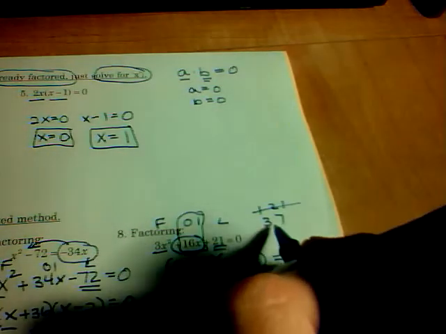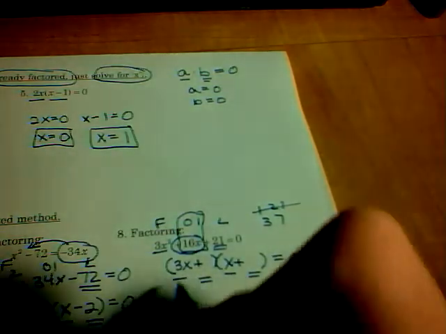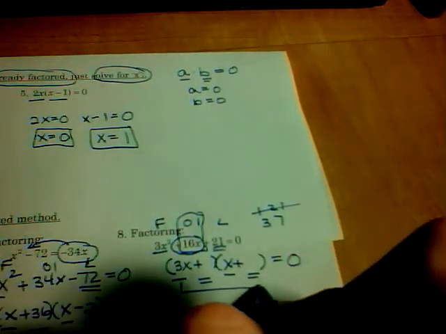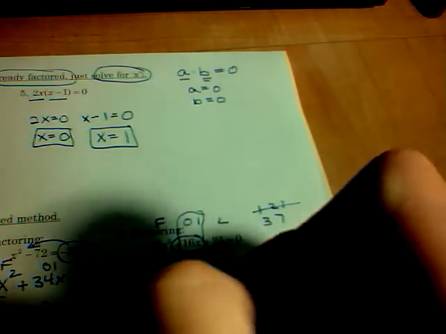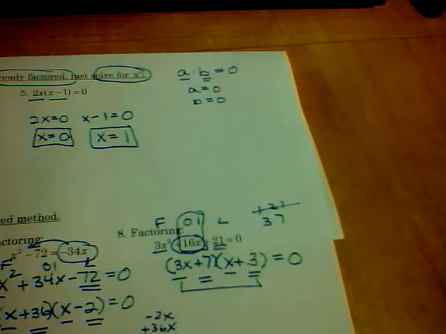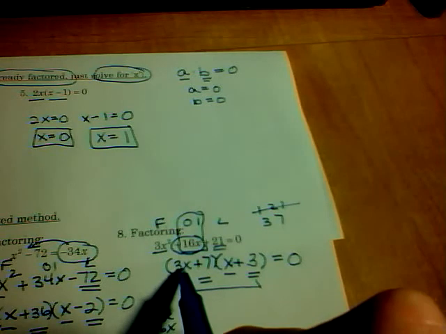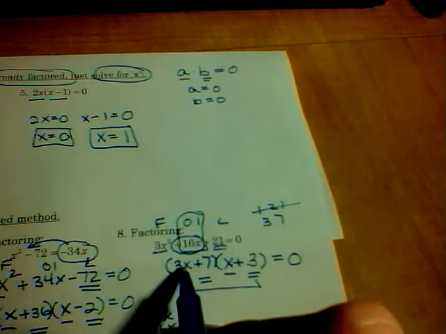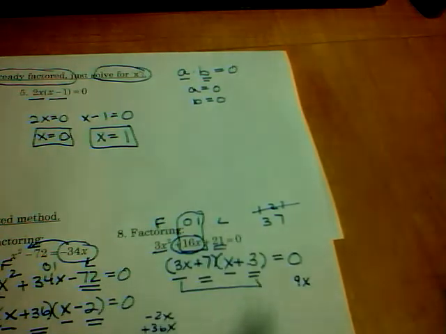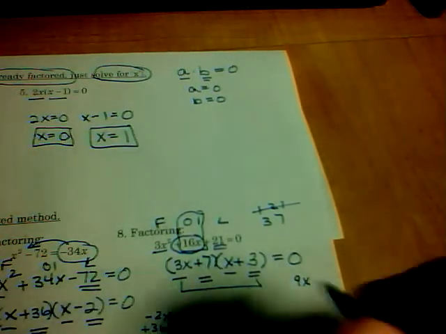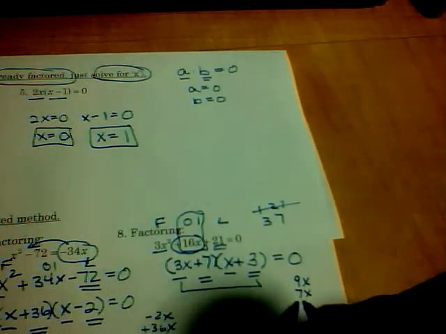So now we need to make sure we place these in the correct spot. We wanted the 3's to multiply together, so we're going to need to put the 3 here, and then the 7 will go there. And we'll just double check this really quick. 3x times x is 3x squared. 3x times 3 gets you 9x. 7 times x gets you 7x.